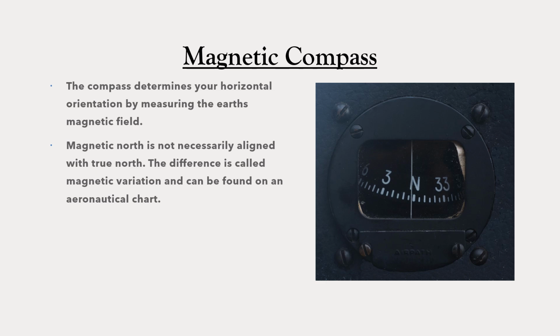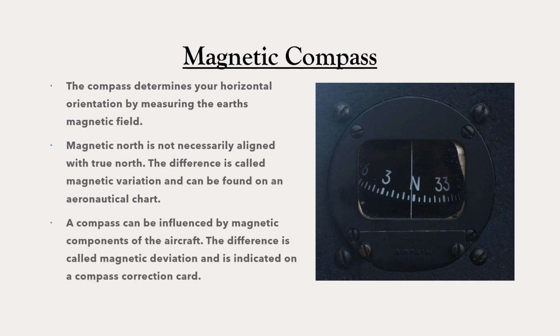So what that means is if you are pointed due north, then your compass will say 353 degrees instead of saying 360 degrees. Other places, the magnetic variation can be a lot bigger than that. The compass is also influenced by magnetic components in the aircraft.